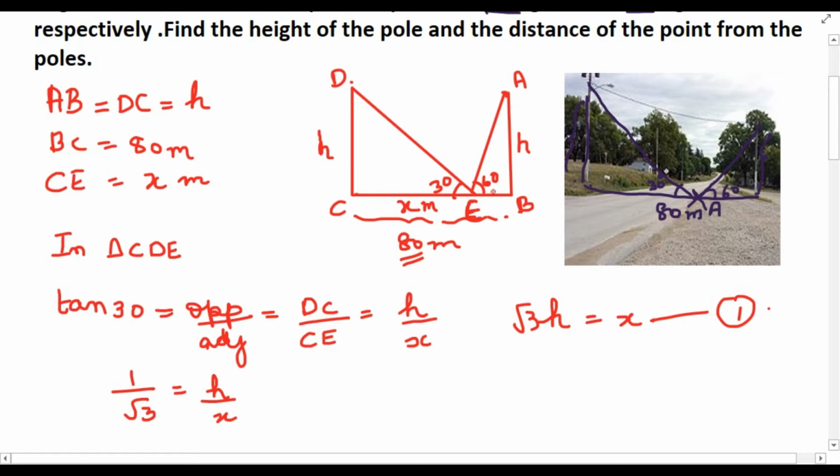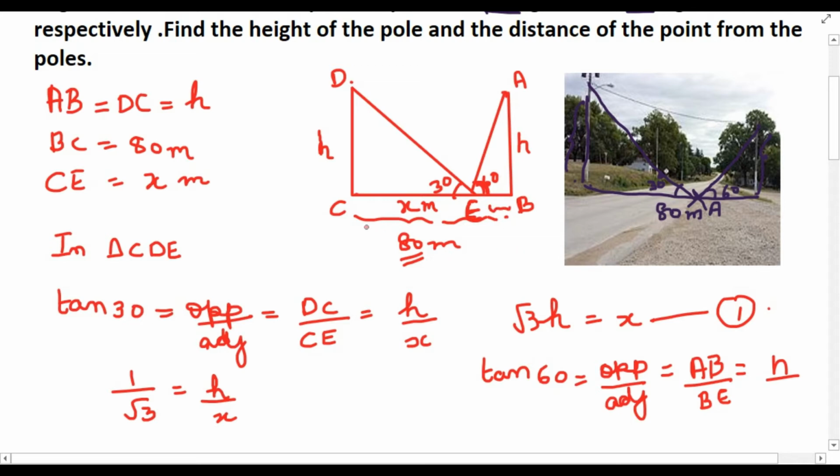Now we'll take the next triangle ABE. Same way we will write tan 60. If you take the next triangle, tan 60 is opposite side by adjacent side. So opposite side is AB, adjacent side is BE, and AB we know it is H. What will be BE?